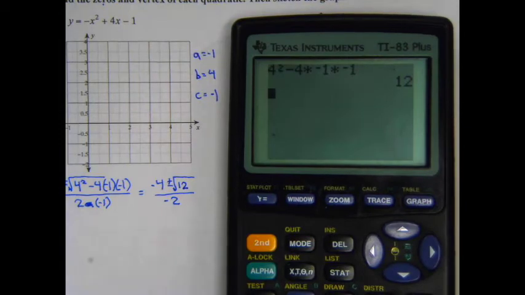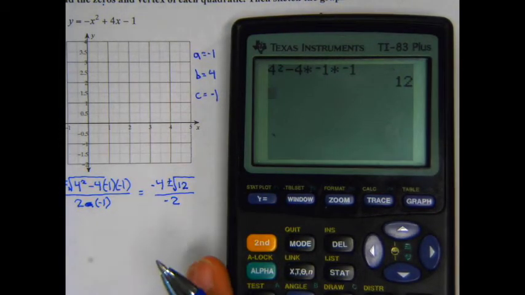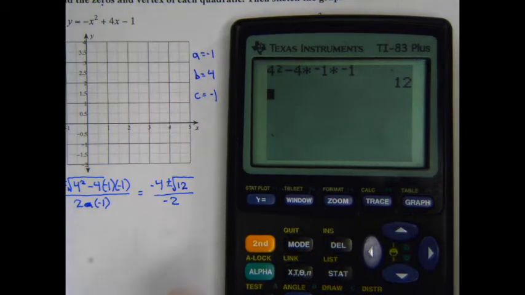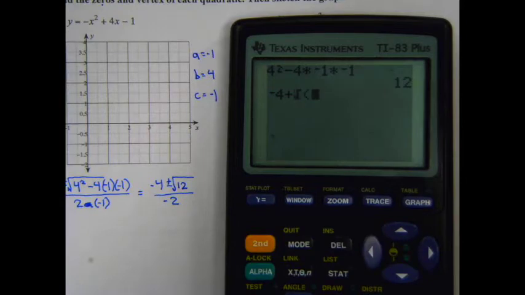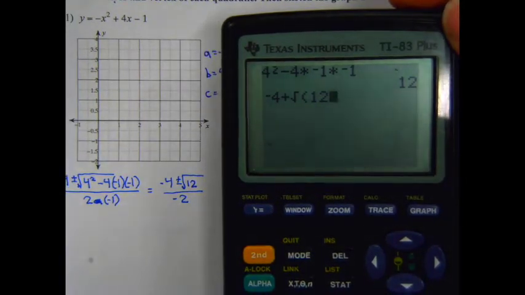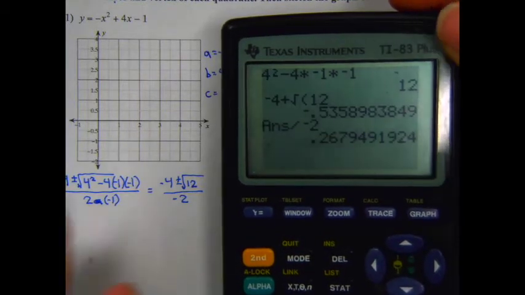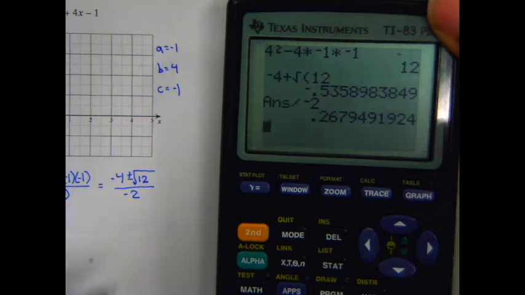Now I'm going to put the numerator of this fraction in the calculator. I've got -4 plus the square root of 12, and I divide that answer by -2. There's my first answer.